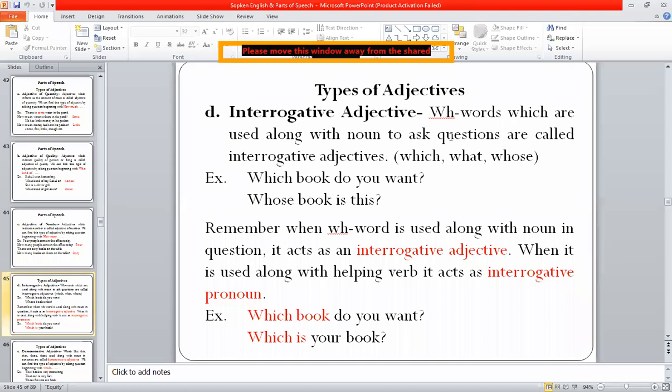So which here works as an interrogative pronoun, and when it comes before the noun, that is book, which book, then it is working as an interrogative adjective. This is the difference between the two.